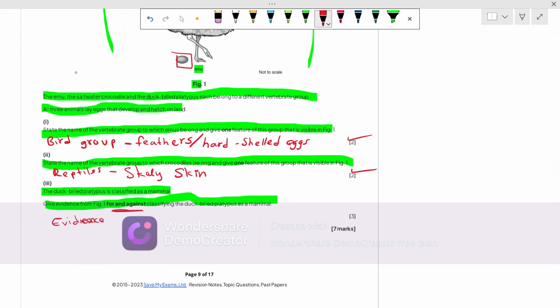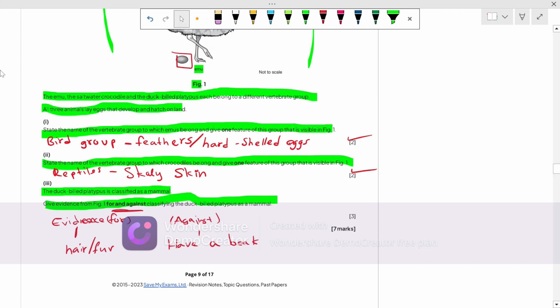Both mean the same thing and are accepted. And evidence against is that they have a beak.